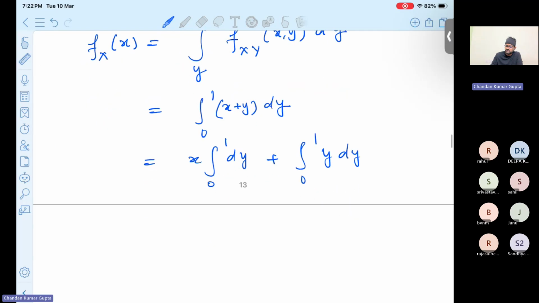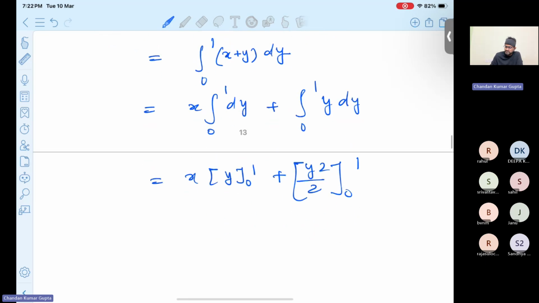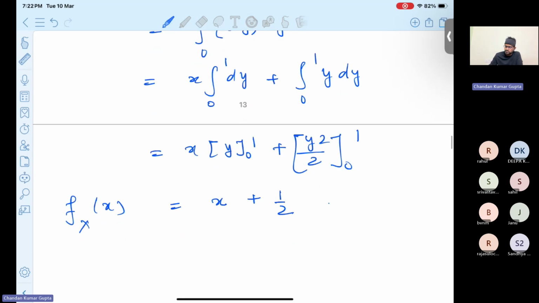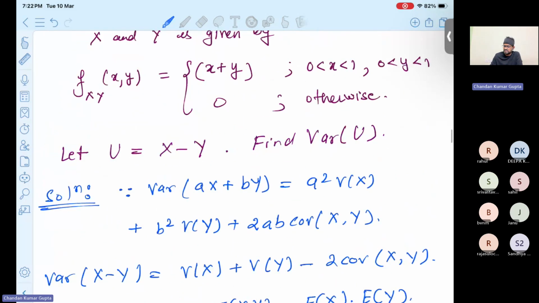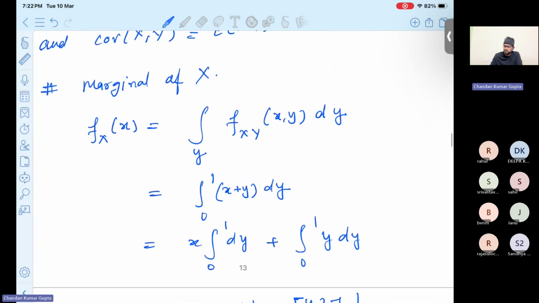So it's x times 1, plus y square by 2 from 0 to 1. It comes out to be x plus half. The range is already given: x lies between 0 and 1.